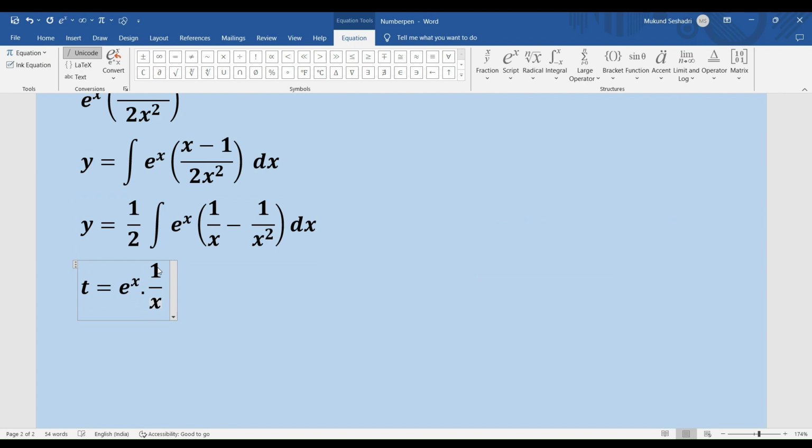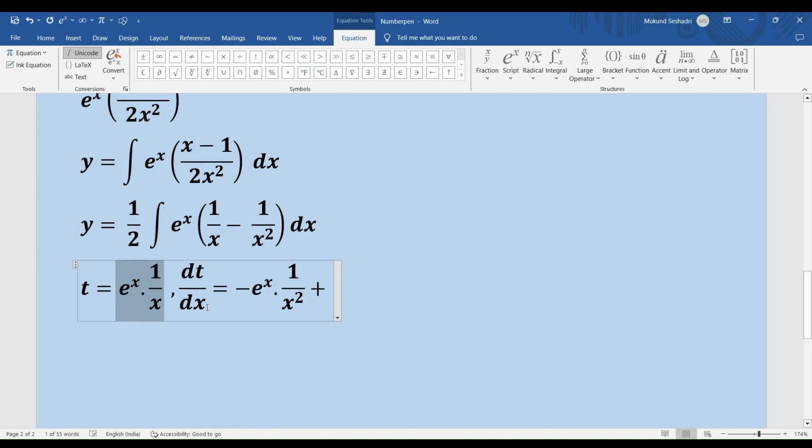So now here my t is of the form uv, and therefore my dt by dx is nothing but u dv plus v du, right? Now what is my u dv? It is nothing but e to the power x times my dv, which becomes minus 1 by x square, okay? My v du is nothing but e to the power x into 1 by x.